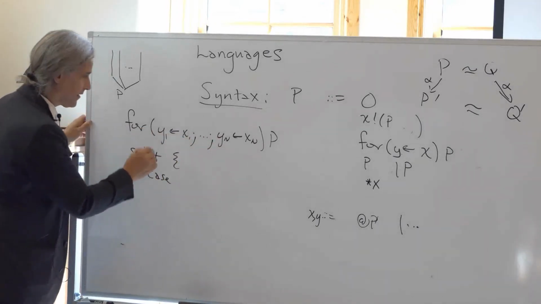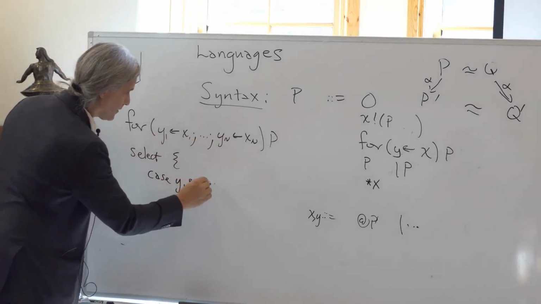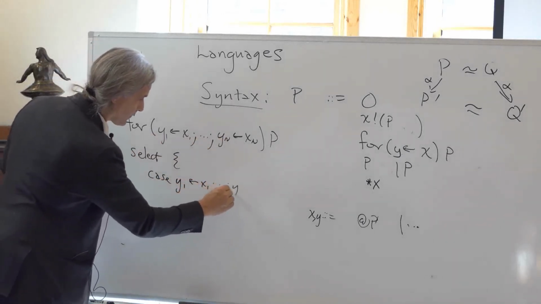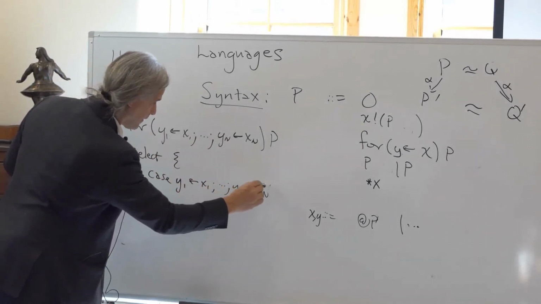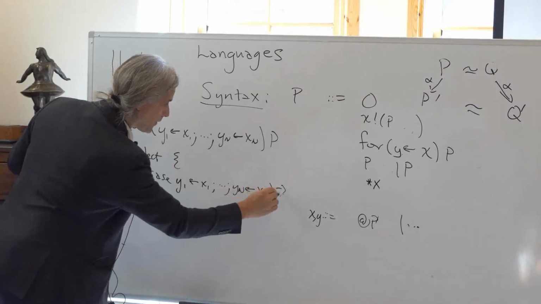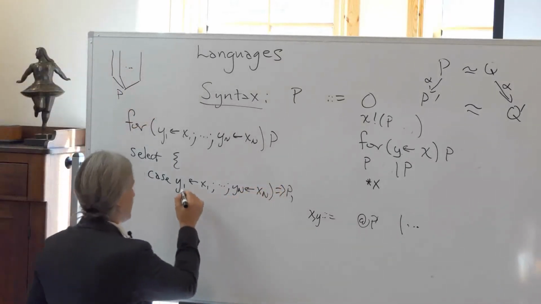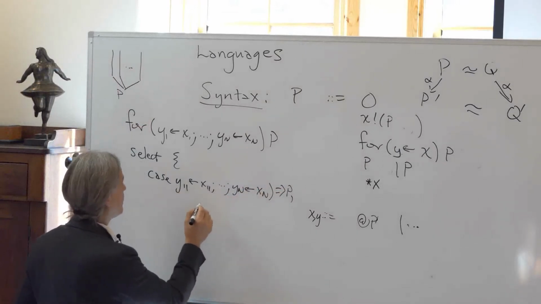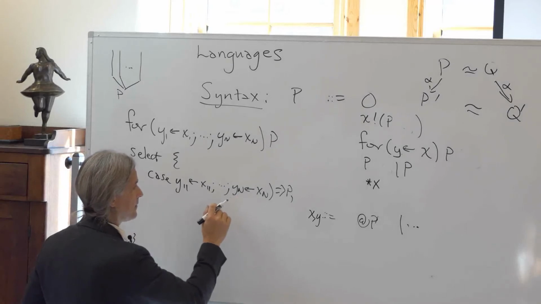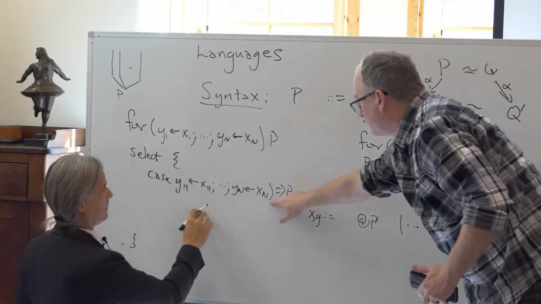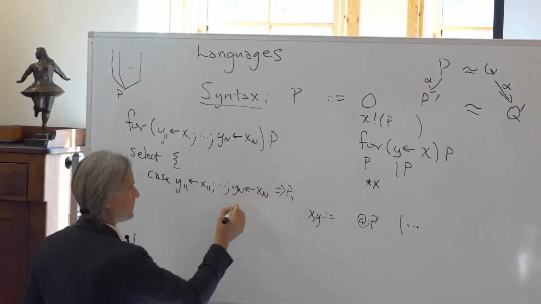So case, and then we just do this: y1 from x1, P1. And now I have to double index these, right? Down here. I was going to put more cases in. Don't need it because I've got the case in this. Sorry, that was like that.